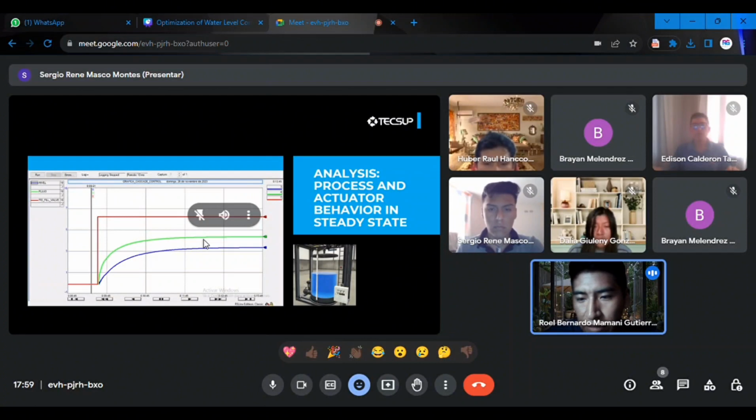It can be seen that the flow curve, the green curve, for example, reaches the stable state in less time compared to the level curve, the blue curve. We have as a reference step the opening of the flow valve at the top of the tank. In the image, it is shown in red and with an amplitude of 7. Next.